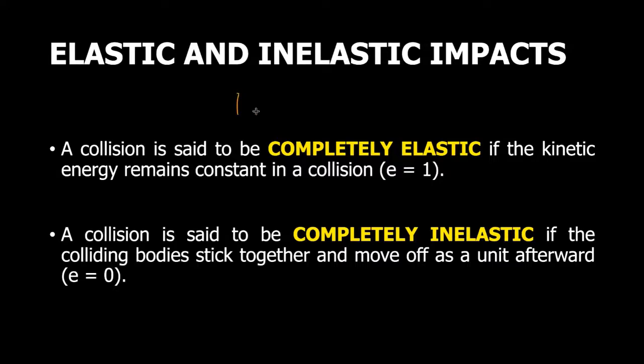Suppose you have objects 1 and 2, and they collide. In a completely elastic collision, what happens is a transfer of velocities. Whatever the velocity of object 1 is transferred to object 2, and whatever the velocity of object 2 is transferred to object 1. And its E value, which we will talk about later, what does it mean?